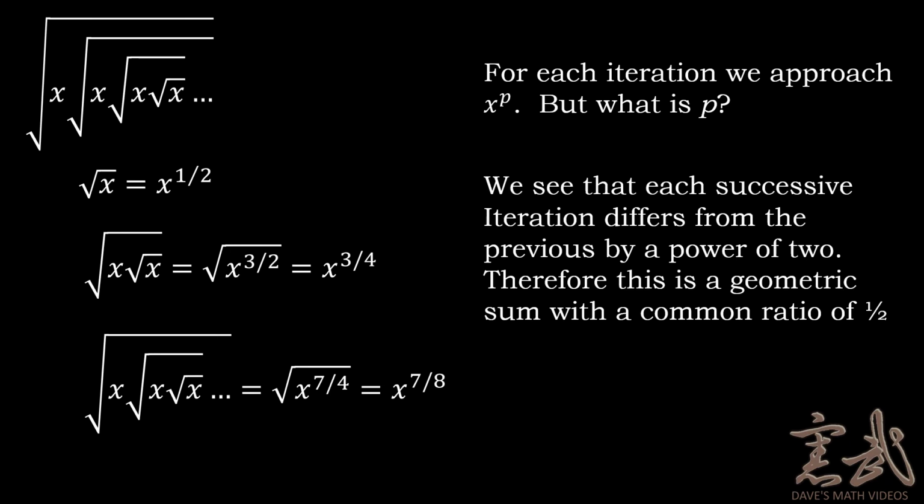We can also see for each successive iteration, it differs from the previous by a power of 2. So this would be a geometric sum with a common ratio of 1/2. For example, 3/4 is 1/4 more than 1/2, and 7/8 is 1/8 more than 3/4.